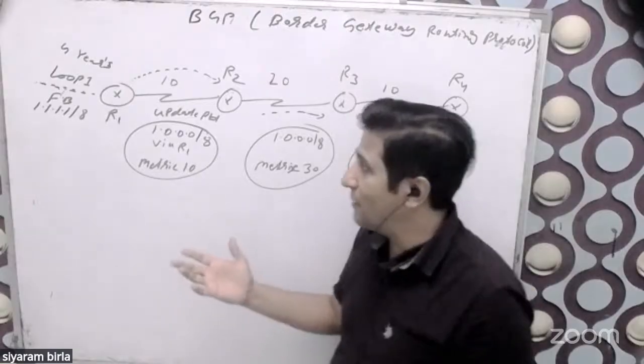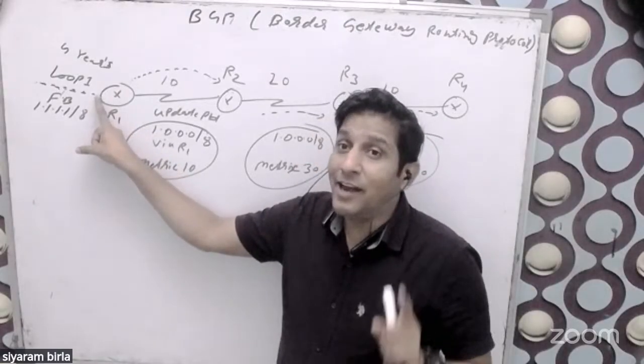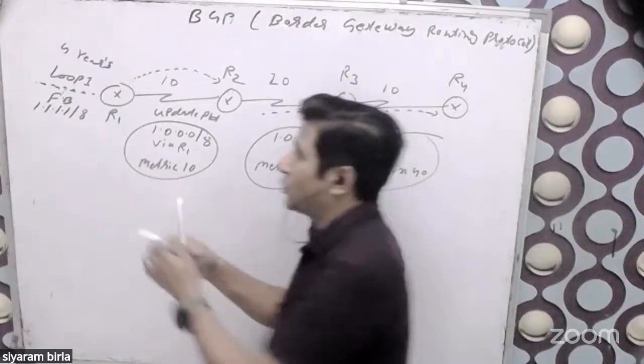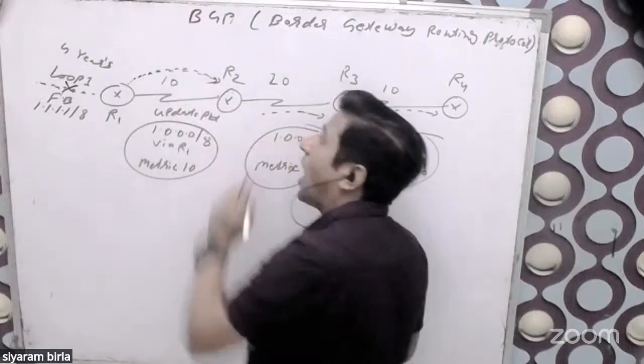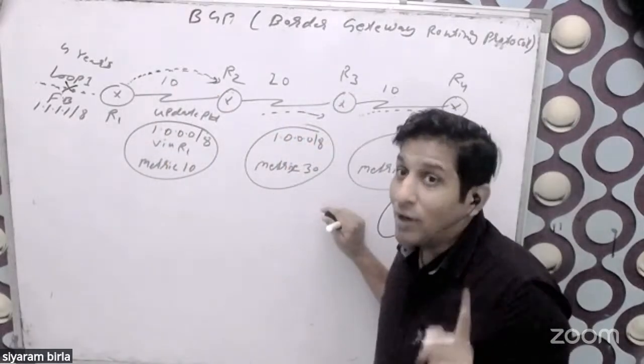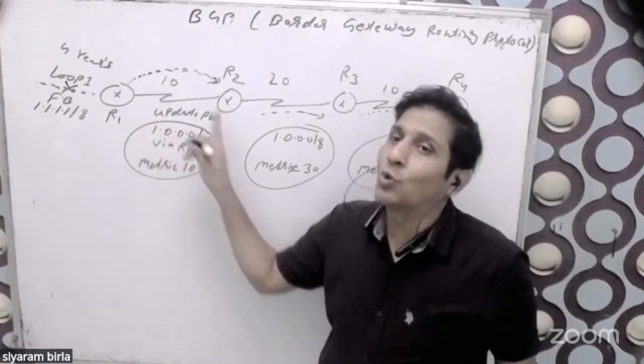It is the same here. If this loopback is up for 4 years and then goes down, after that it will advertise that update packet to R2. Until the 4 years, it will not advertise that update packet from R1 to R2.